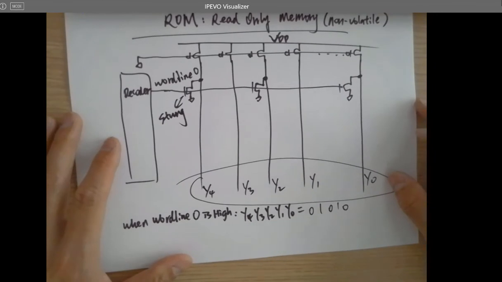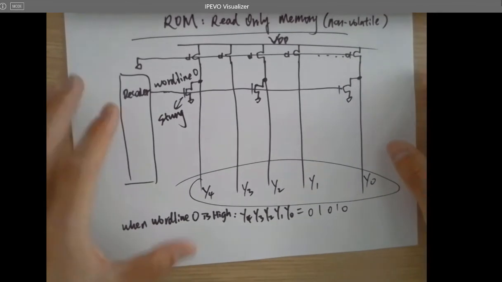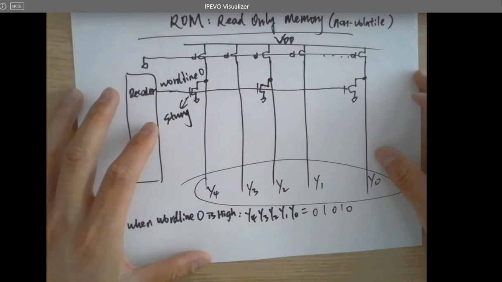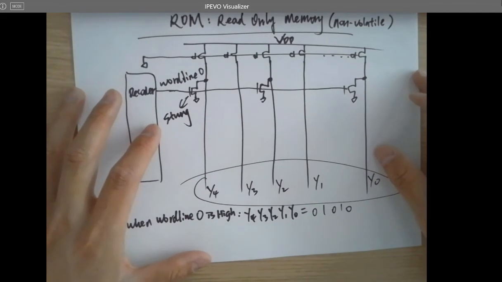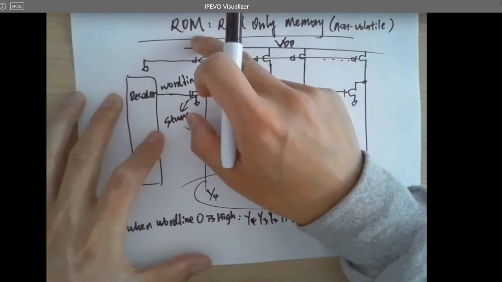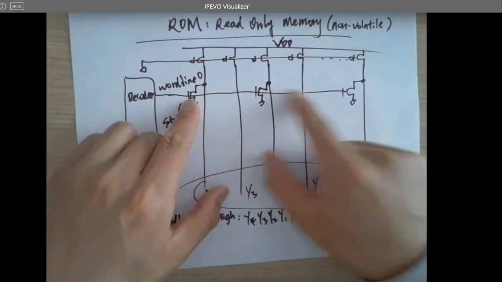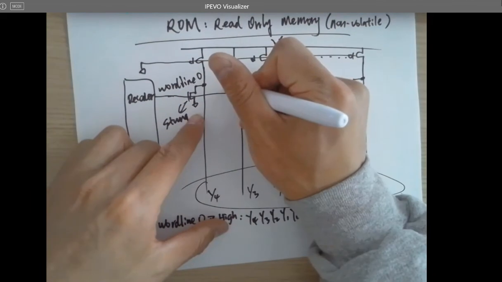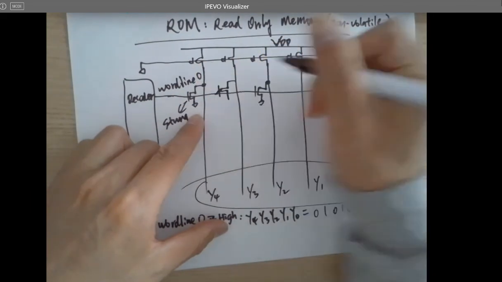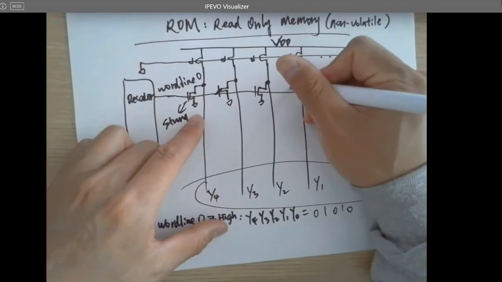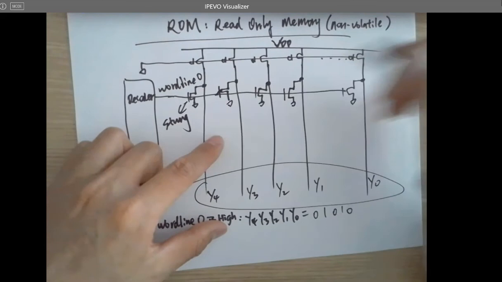Okay. So in the old days, it's difficult to accommodate every single customer when you are designing a ROM. So normally they will have the NMOSes everywhere. So not just these 3 places, but also here, here as well.